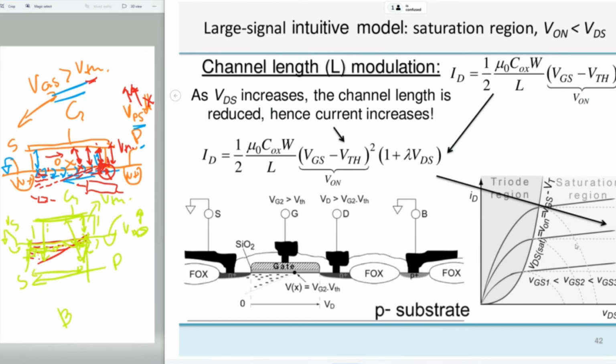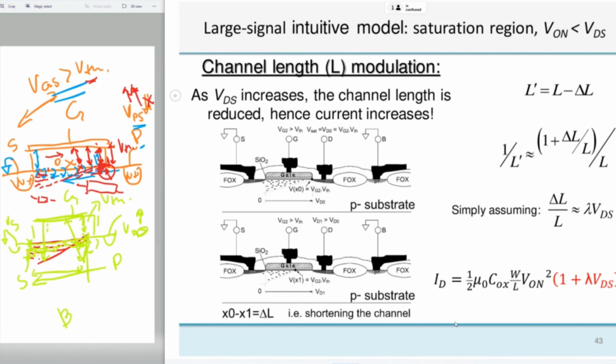And this is how it looks with the transistor cross-section with the pinch off of the channel. I'm just recapping here the things that we had one month ago in semiconductor physics and materials. Because the channel became a little bit shorter, its conductivity increases a little bit. And if you model the reduction of the channel by delta L, you can then derive this linear dependence and simplify to a linear dependence on the drain source voltage with this lambda.